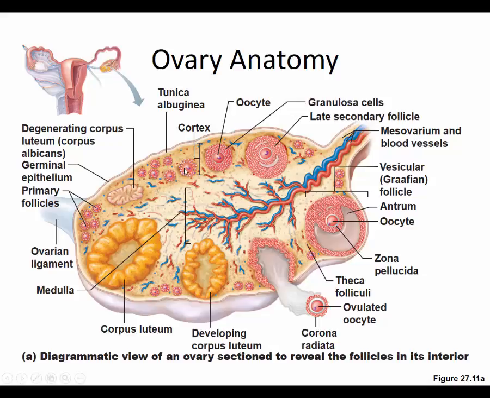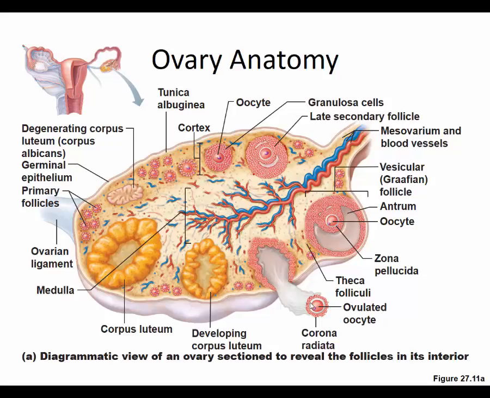And then when it comes time for puberty and ovulation leading to fertilization, some of those cells will be picked to develop and become a mature oocyte, a secondary oocyte to be ovulated. And that's what this one is. This is a secondary oocyte that was ovulated, released from the ovary into the fallopian tube, waiting to be fertilized by a sperm.